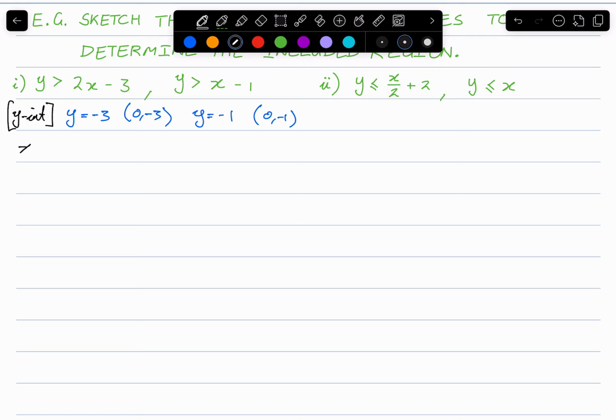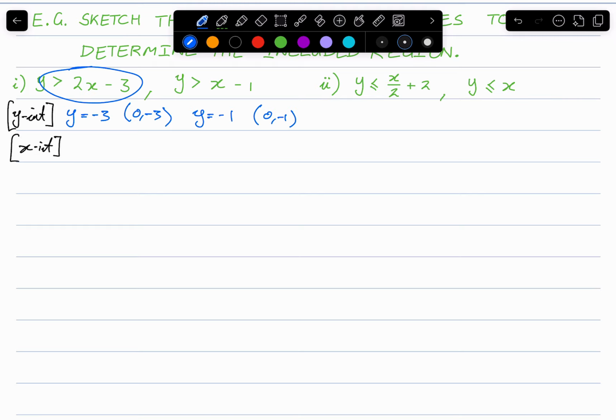Now let's also find the x-intercept. For this, remember, we're going to let y equal 0. For the purpose of finding the coordinate, we're going to ignore the inequality symbols and just make it equal.